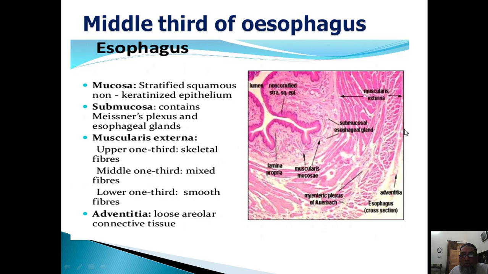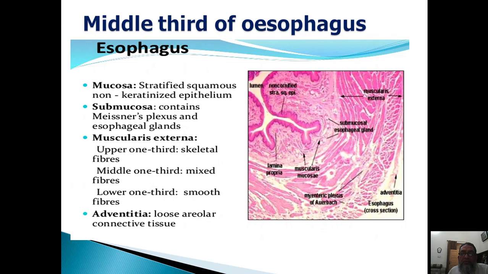Then the submucosa consists of dense irregular connective tissue, beneath the muscularis mucosa. Then is the muscle layer. Muscle layer is of two types: upper 1/3 skeletal muscle, middle 1/3 mixed, and lower 1/3 smooth fibers.